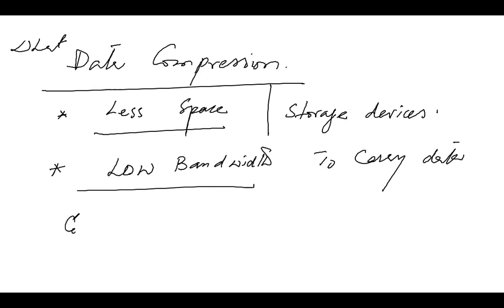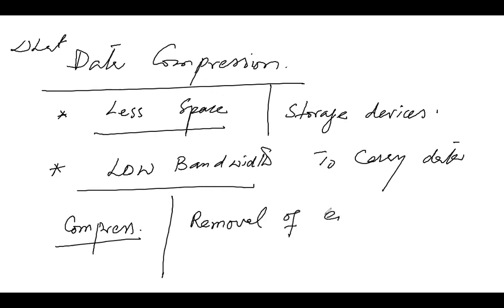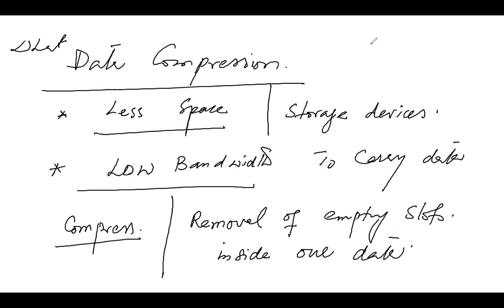But how can we actually compress data? Compression of data is the removal of empty slots inside our data. Let me explain.